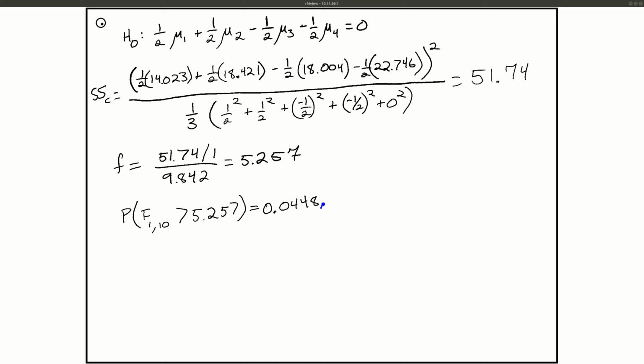This is the exact same p-value that we got from the t-test, and so we have the exact same conclusion. Notice too that the square root of 5.257 is our t statistic, which was 2.2929.